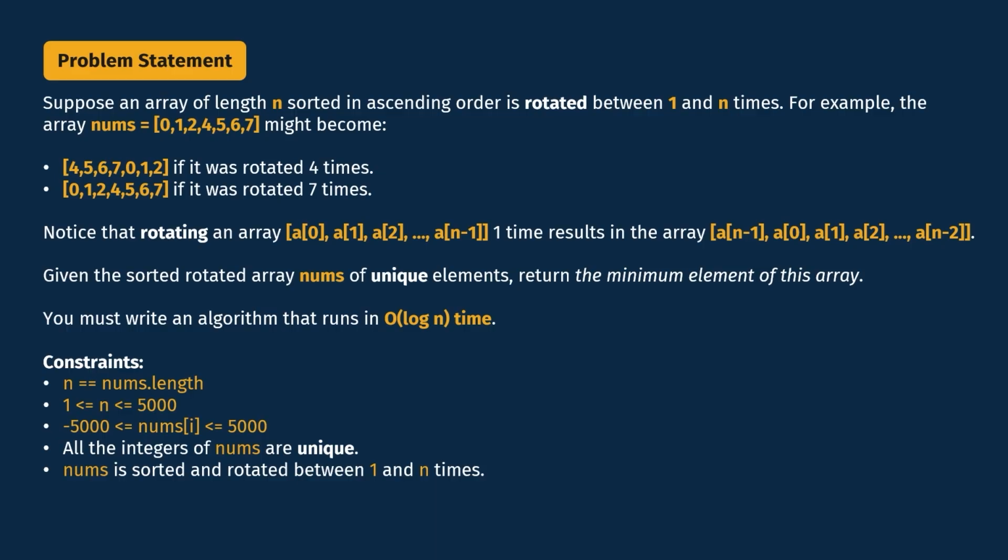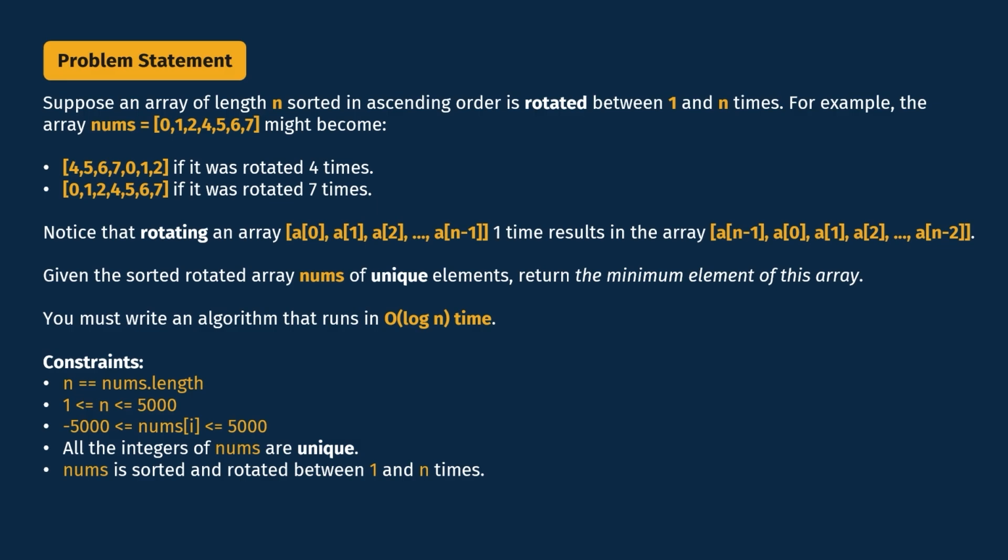Now let's look at the constraints to understand what we are working with. First, n equals nums.length, meaning the variable n represents the size of our array. The array length is between 1 and 5,000 elements, so we are dealing with moderately sized inputs. Each number in the array can range from -5,000 to +5,000, which means we need to handle both positive and negative integers.